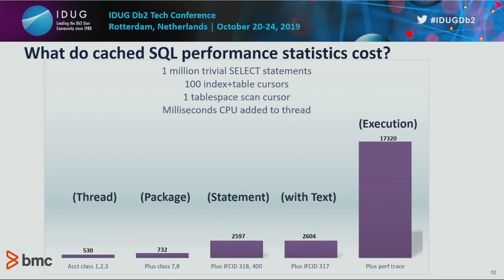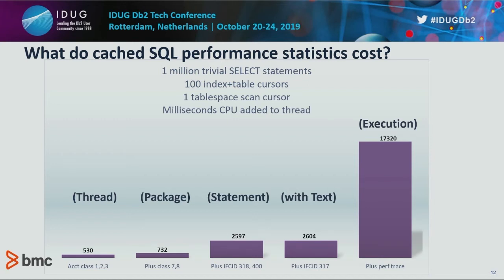I can run these million trivial select statements and pretty much get the same result each time as far as the CPU consumed. I think there's some details in the notes, but the select statements that I used took advantage of some index look-aside, so they did very few get pages, but it established a baseline that was very consistent, easy to work with as far as progressively adding other techniques and seeing what the impact was of each one.